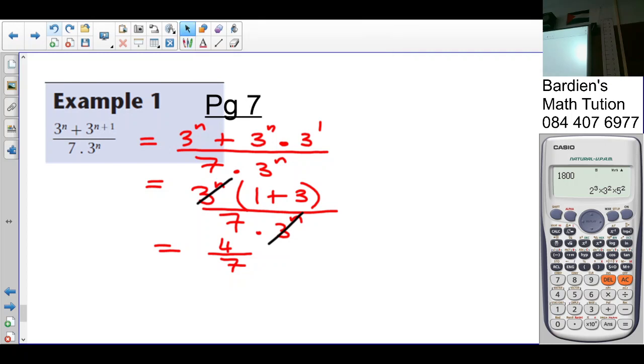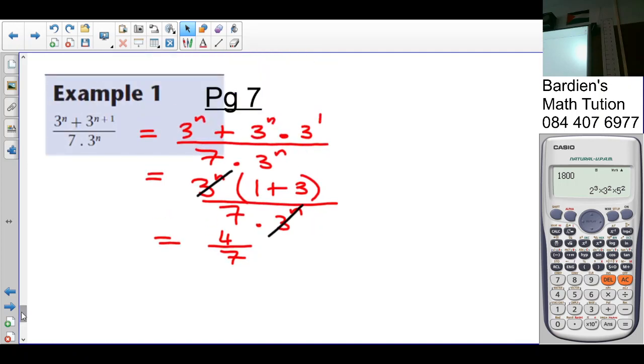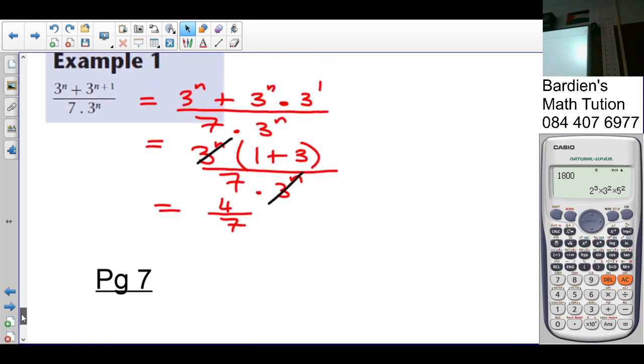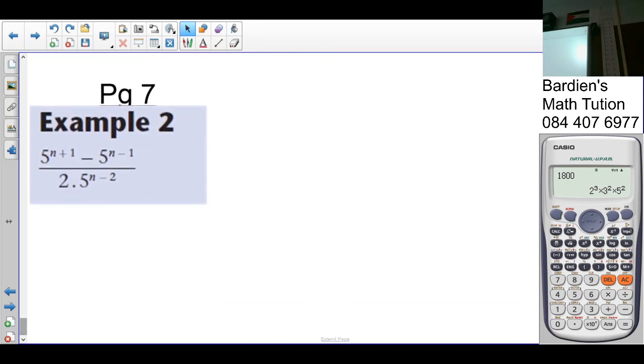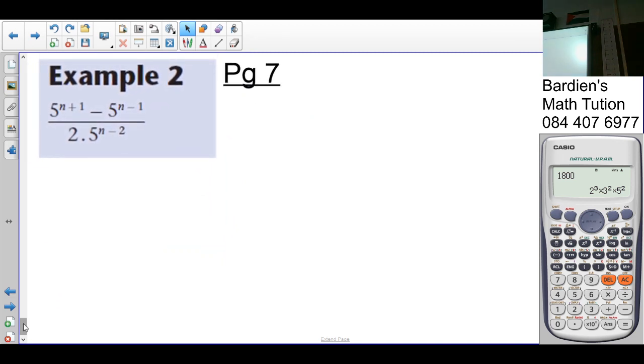Okay, we'll do another one. Can I move on? Okay, so it's on page 7. Example 2 on page 7. So this is the sum we're going to do together. So write this down first.